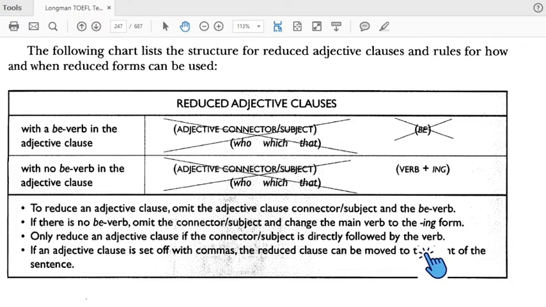If it is directly followed by a subject, we can't reduce it. If an adjective clause is set off with commas, the reduced clause can be moved to the front of the sentence, or behind.